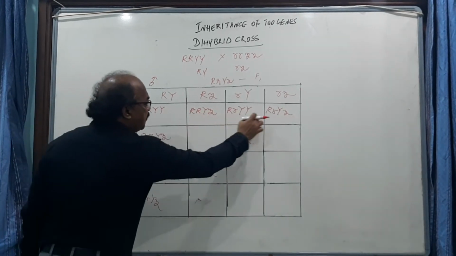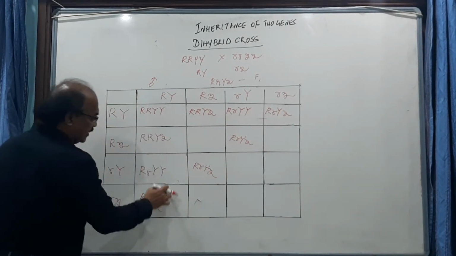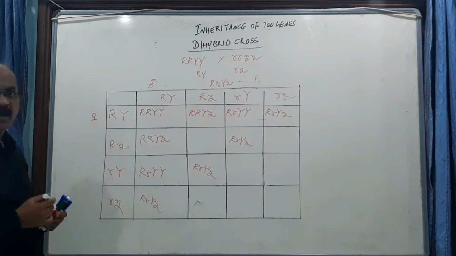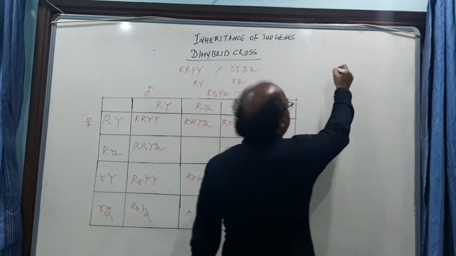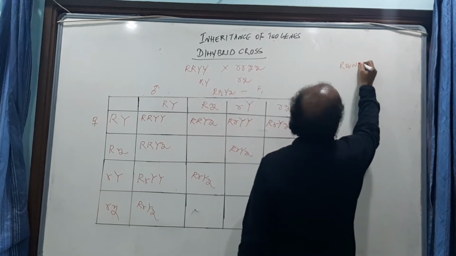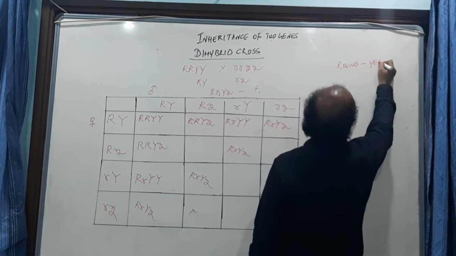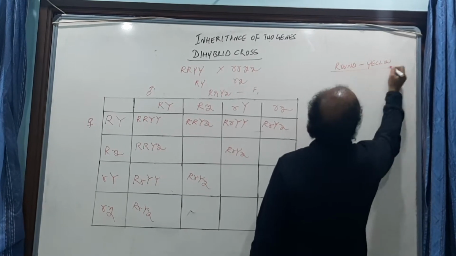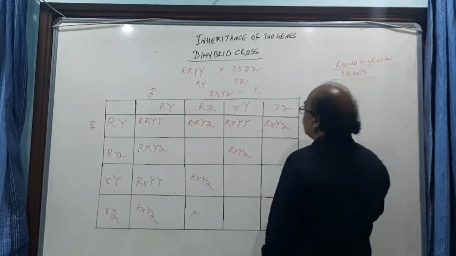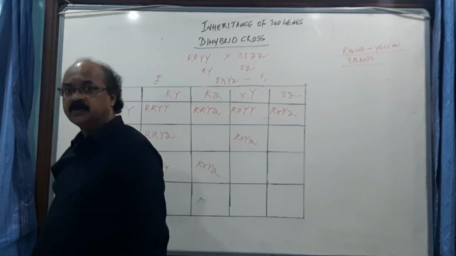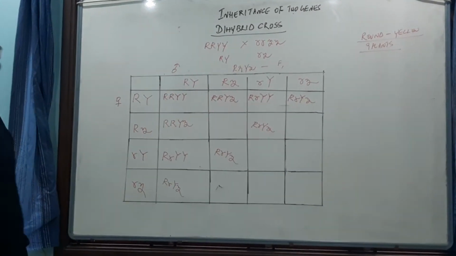One, two, three, four, five, six, seven, eight, nine. All these nine are round and yellow. You got a total of nine plants.